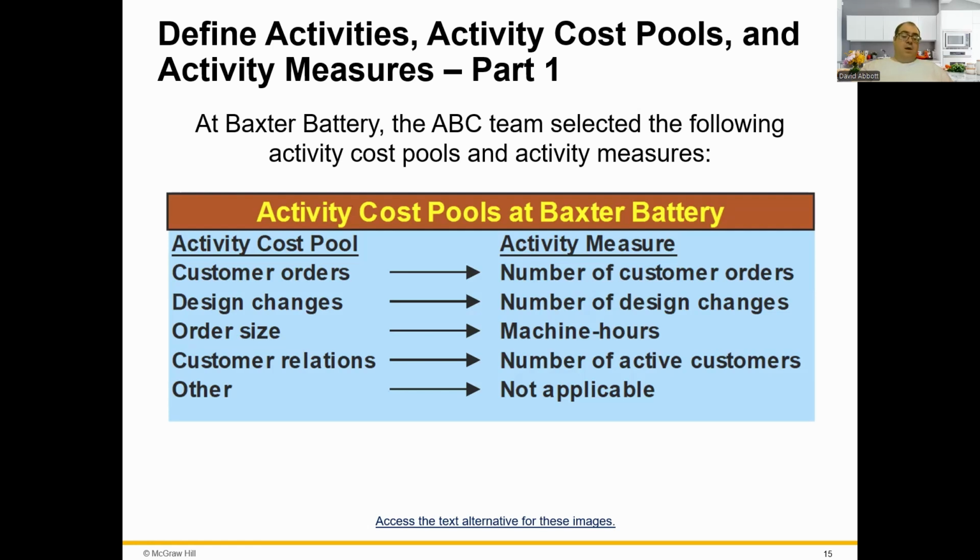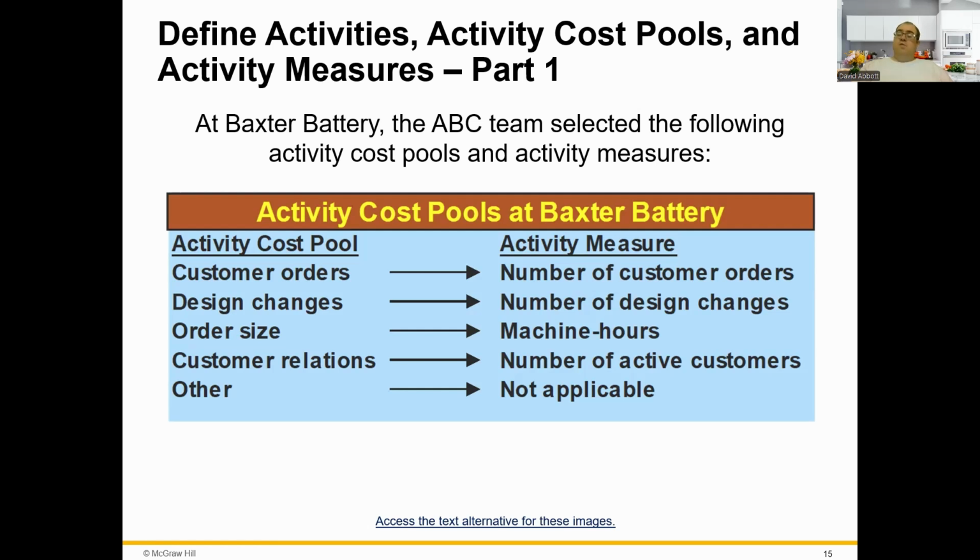Baxter Battery selected the 5 activity cost pools and corresponding activity measures as shown. The definition for each cost pool is as shown. So we see here the cost pools would be customer orders, design changes, order size, customer relations, and other. And then we see the activities that would go into that.